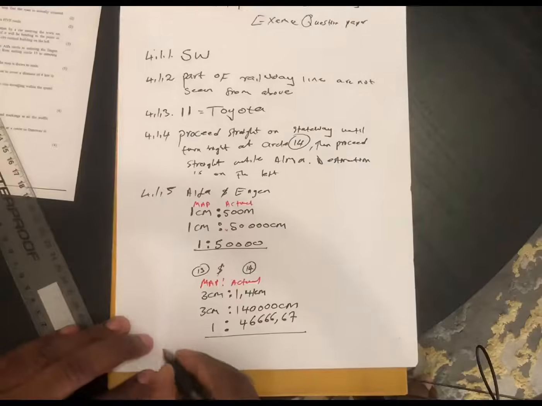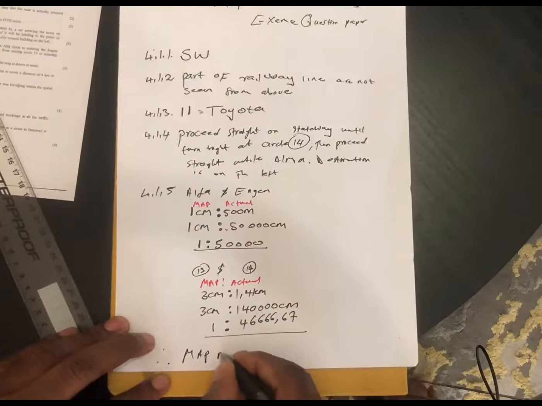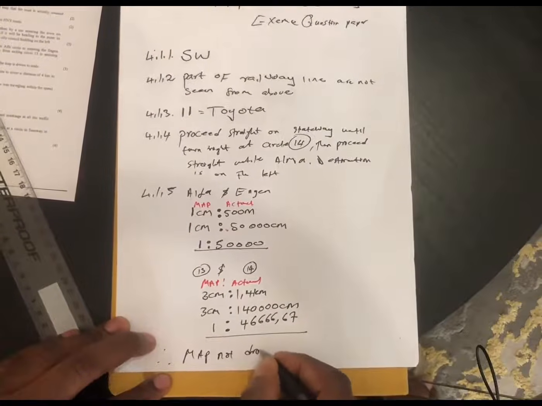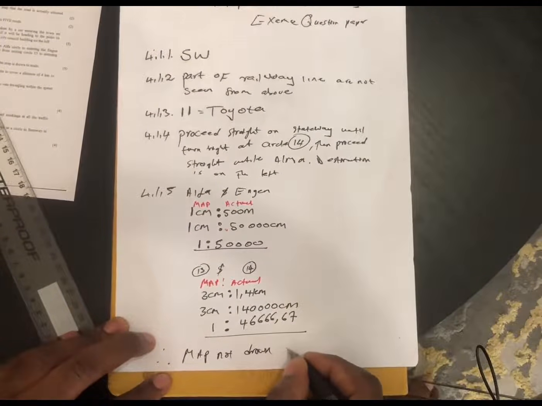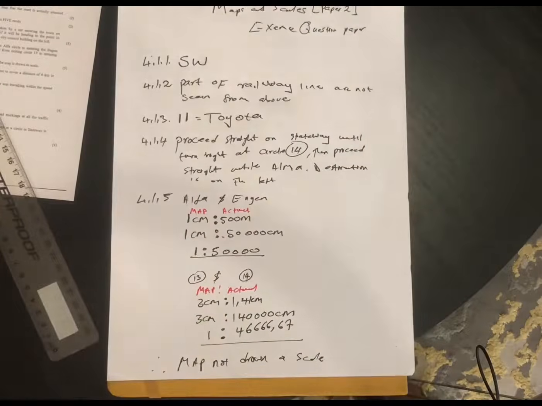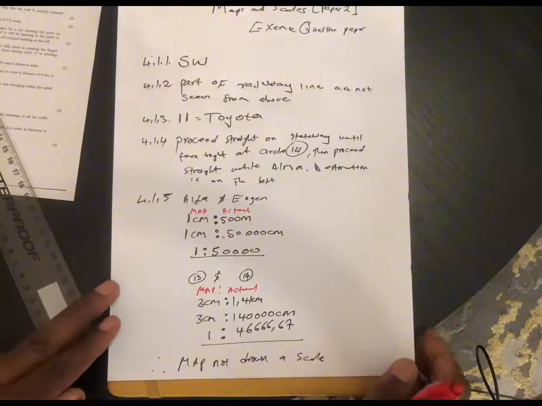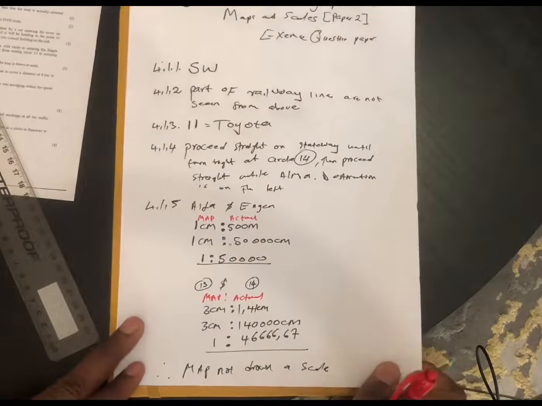So therefore, map is not drawn to a scale. Because our ratios are not the same, we conclude to say that this map is not drawn to a scale. So this is our answer for 4.1.5. Let's move to the next question.